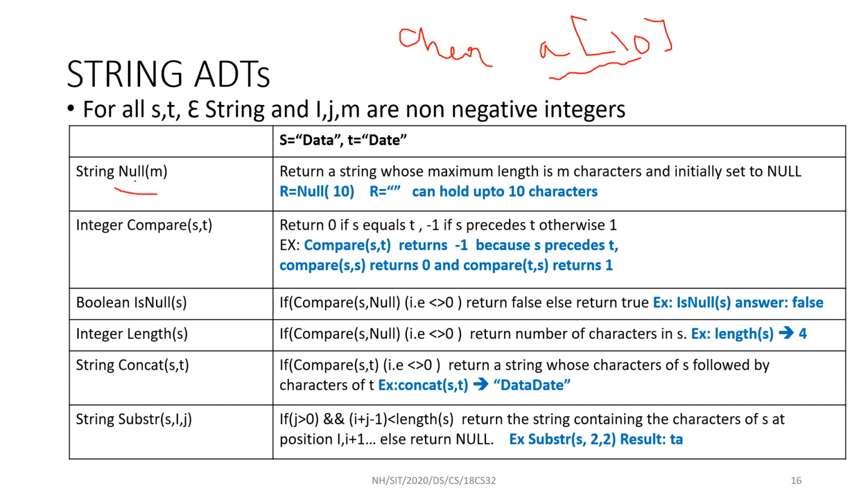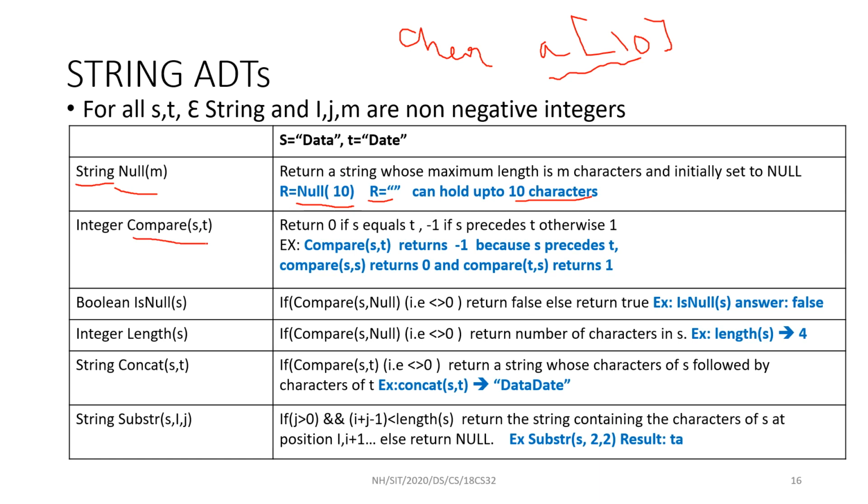This is the equivalent function in C. This will create a null string. Nothing is there, not initialized. String name is A which can hold up to 10 characters, but right now no characters are there. That can be created by calling the null function. Null of 10 returns a string. So in this example, R is a string, null of 10. Actually it is a null string, but it can hold up to 10 characters.